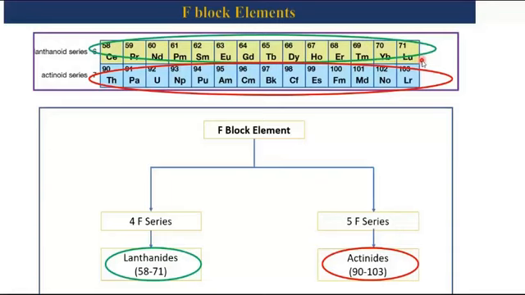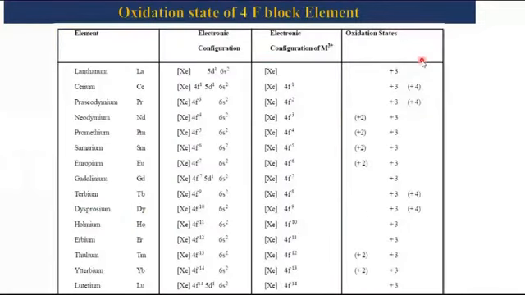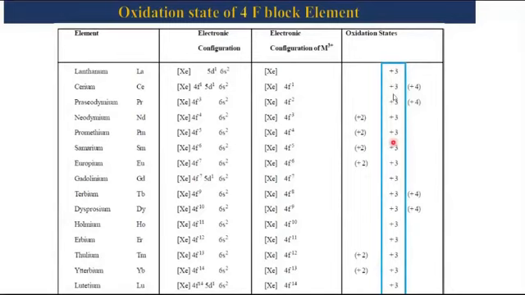Okay. Now this is the oxidation state. The common oxidation state for 4f block elements is 3. I told you. Now see this 3, 3, 3, 3, 3, 3, 3, right? In some cases, +4 oxidation state is also reported, and that is usually present in cerium, praseodymium, terbium, and dysprosium.